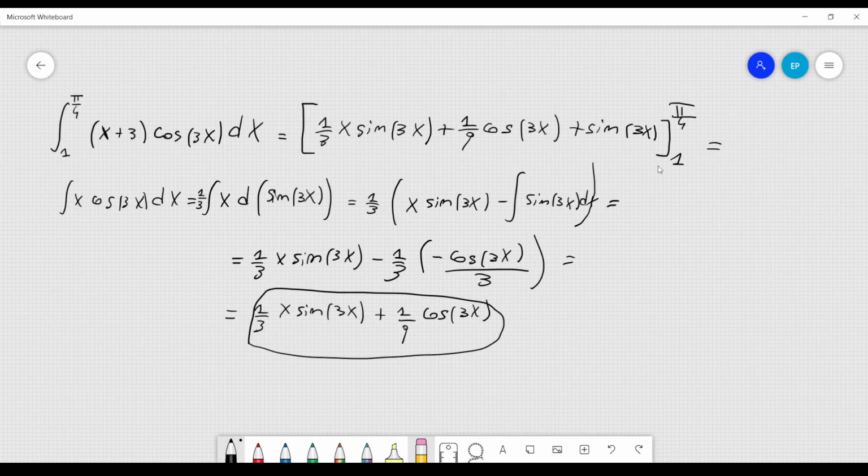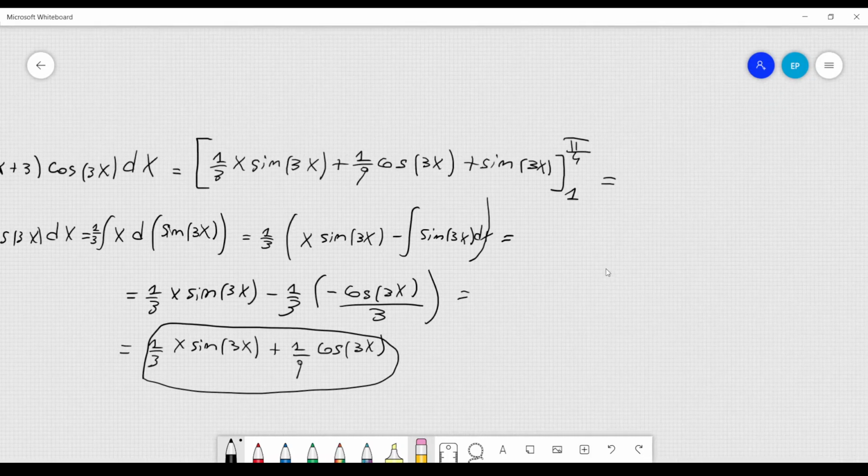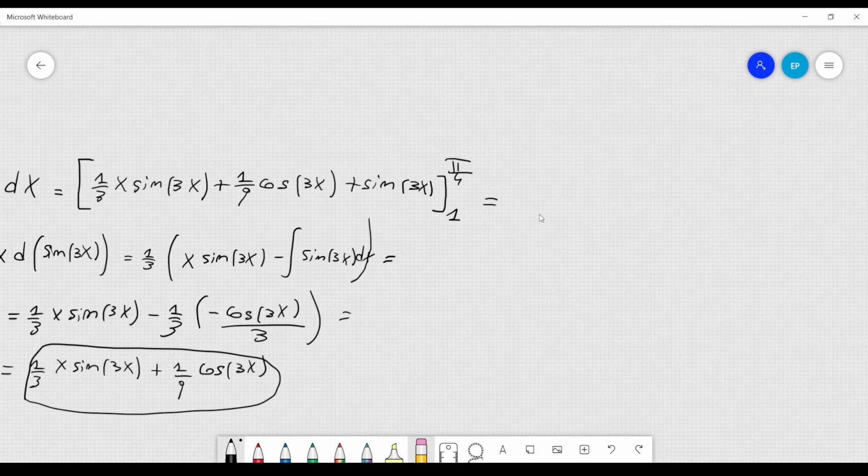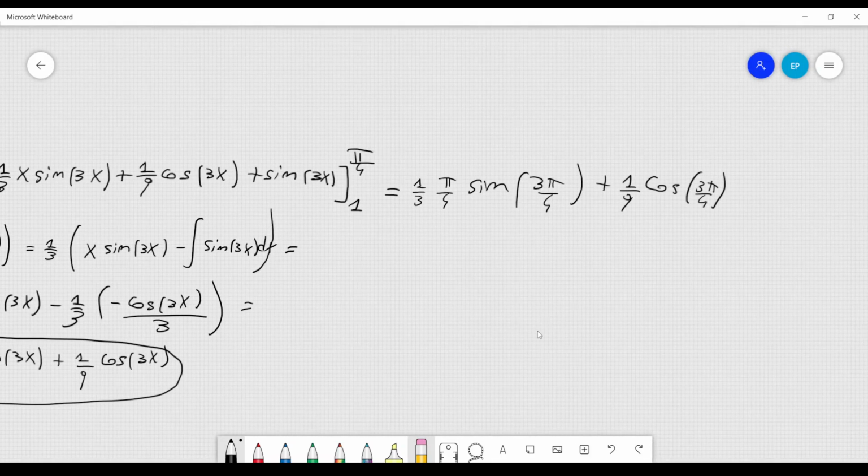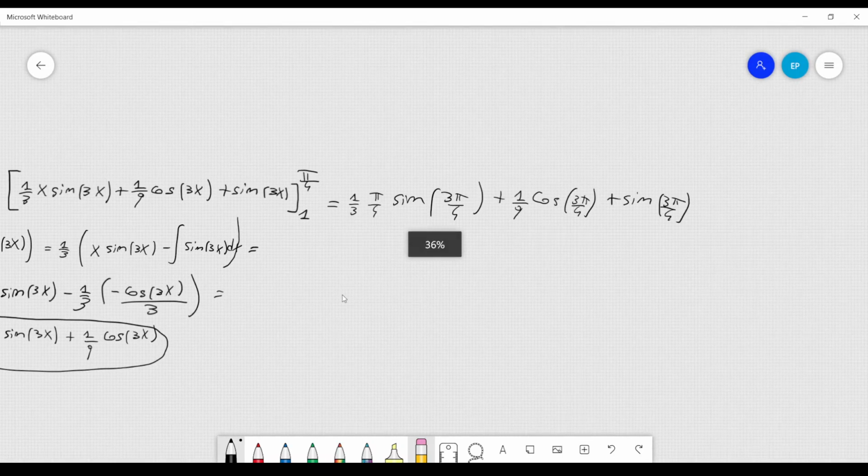So this will give me, let me do it here, if we put pi over 4, we have 1/3 pi over 4 sine of 3 pi over 4 plus 1/9 cosine of 3 pi over 4 plus sine of 3 pi over 4, and then we have to subtract the same thing but evaluate it when x is equal to 1.